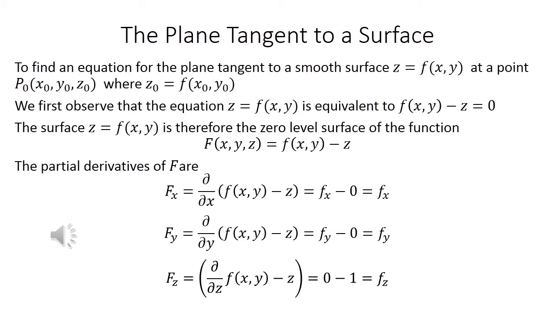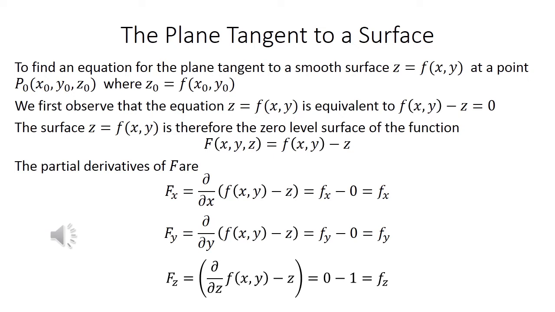Then the surface z equals f(x, y) is the zero level surface of the function capital F(x, y, z), which equals f(x, y) minus z.